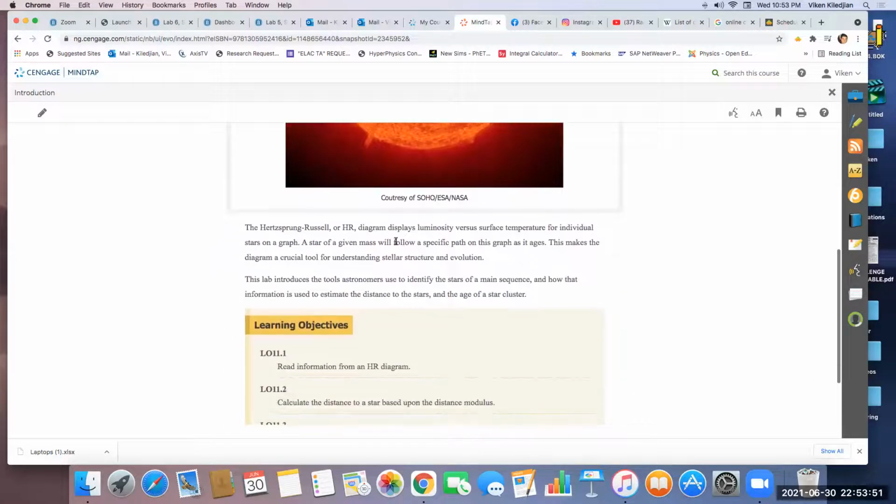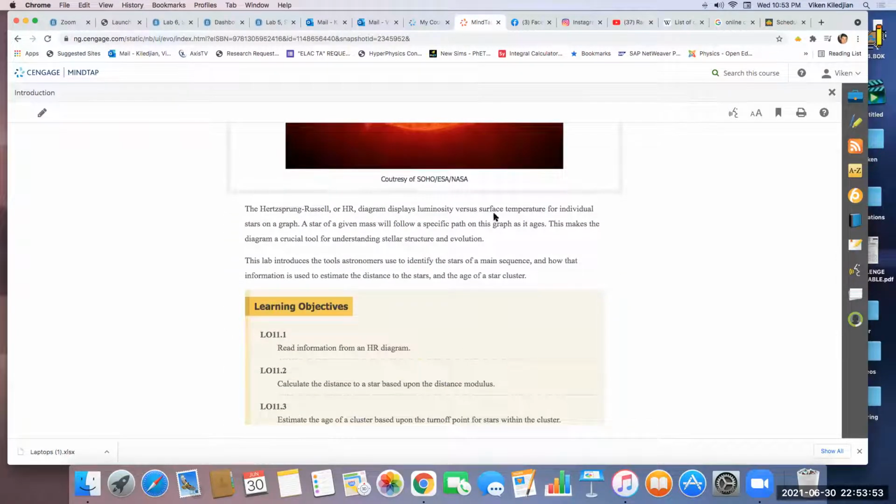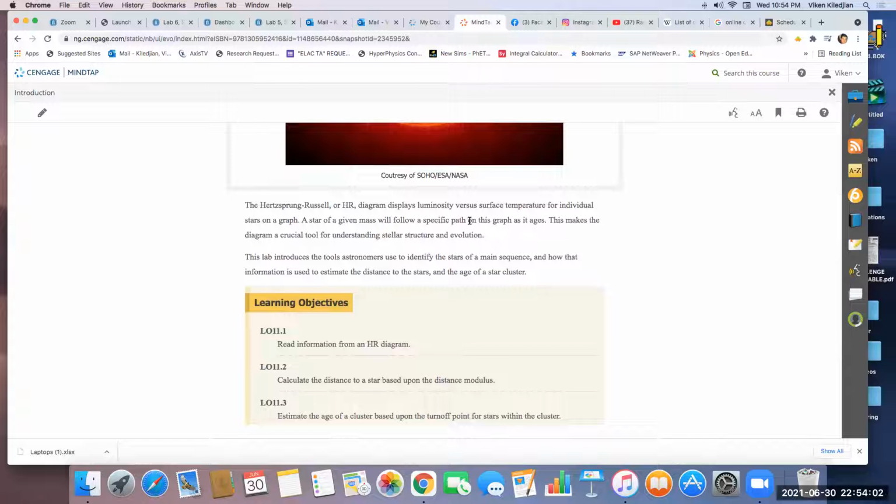The Hertzsprung-Russell diagram, or HR diagram, displays the luminosity versus surface temperature for individual stars on a graph. A star of a given mass will follow a specific path on this graph as it ages.